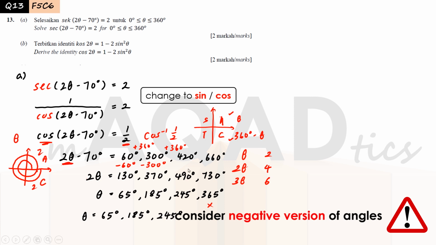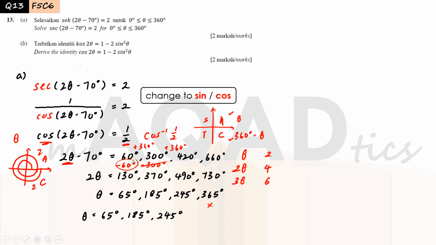So now, which are the negative versions of these answers we need to include? Right? So usually I would take the closest value, the one which is closest to 0. Okay? Because we have 1 answer missing, we are going to use the nearest one and we are just going to ignore the others. Okay, so this is actually our missed out angle.